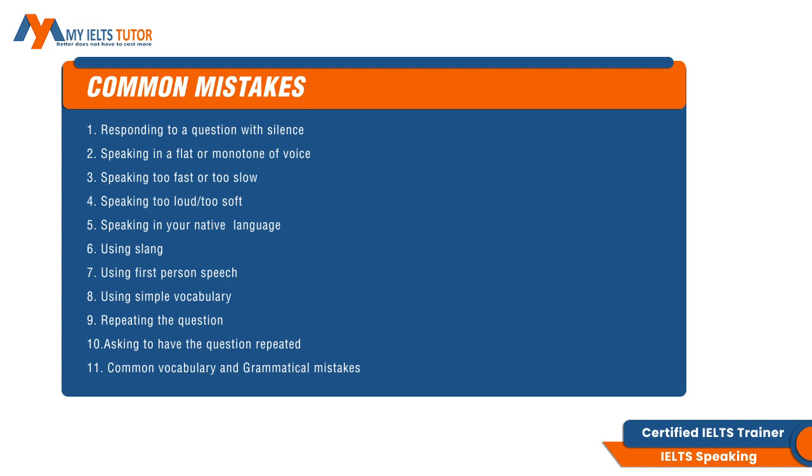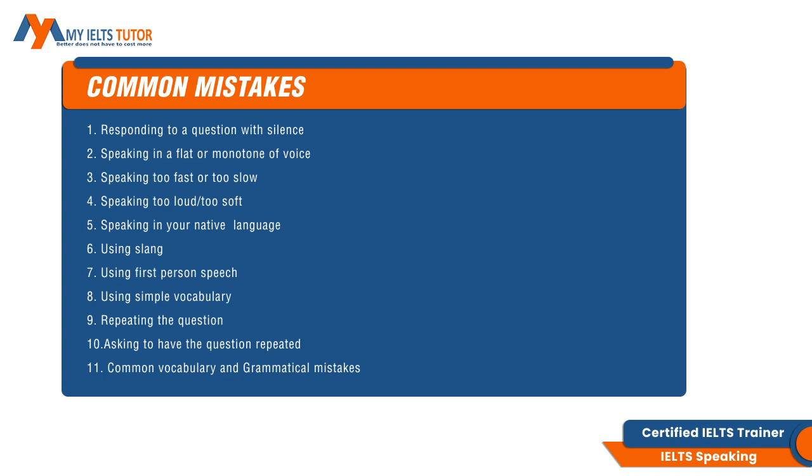Next, we have the problem of speaking in a flat monotone of voice. And so when you speak in a flat monotone of voice like I'm doing now, it doesn't sound natural. And so the scorers are looking for your ability to sound natural.